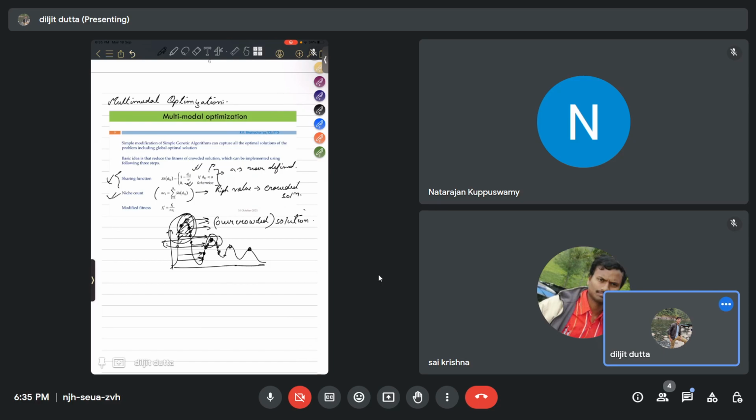This niche count will be defined as the summation of the sharing function for each chromosome, and then after getting the niche count, we get the modified fitness, the initial fitness divided by the niche count. After getting the modified fitness, we will get some values here and there, also in the lower optimal solutions.